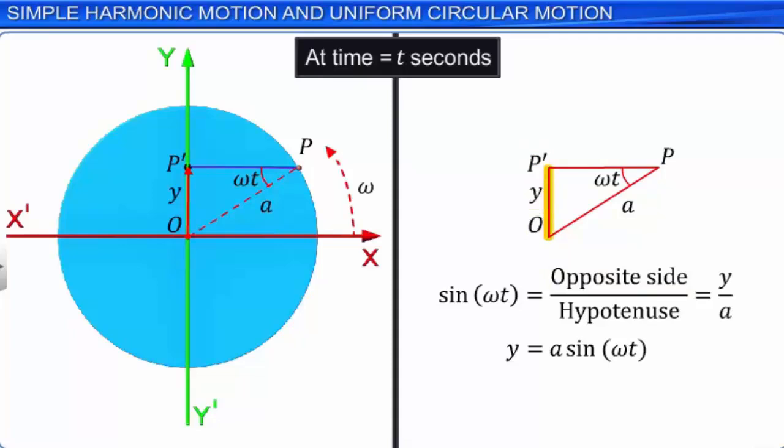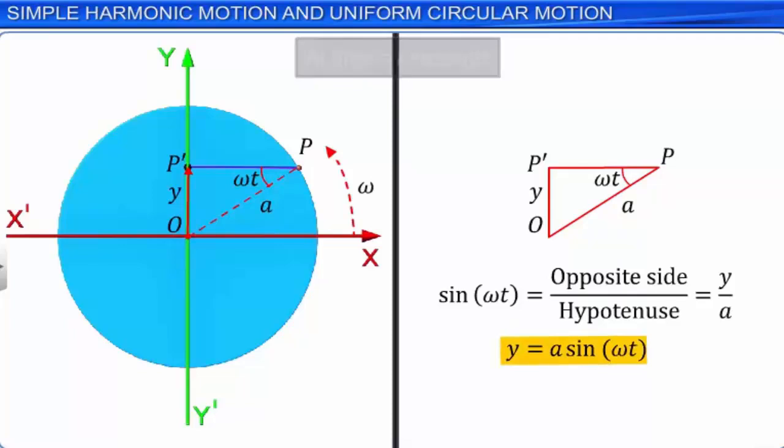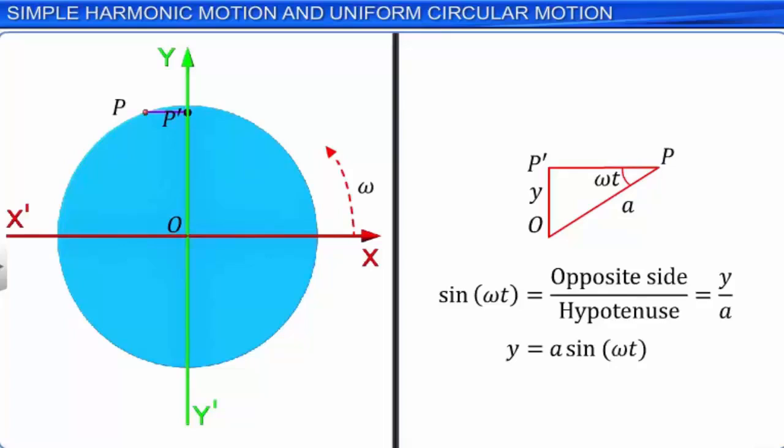Thus, we get y is equal to A sine omega t. The motion of the projection is oscillatory, and its displacement varies sinusoidally with time. Thus, the motion of P dash is simple harmonic motion.